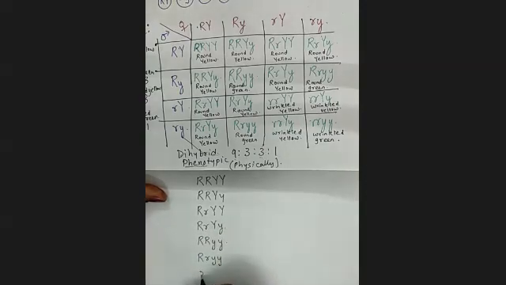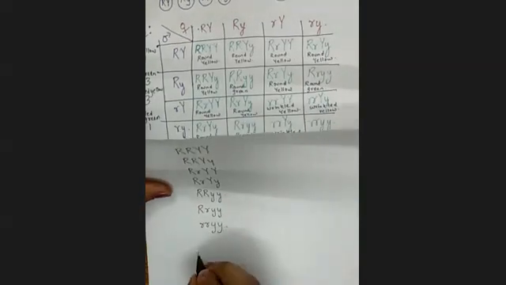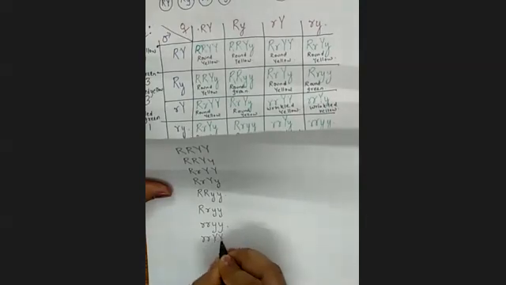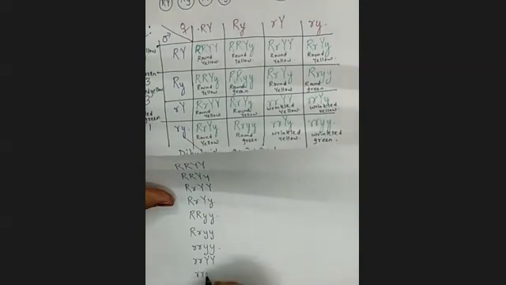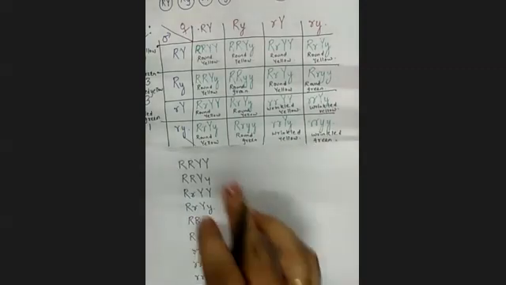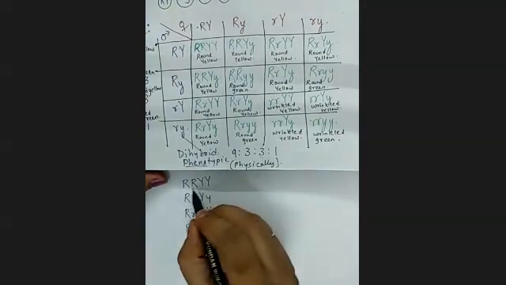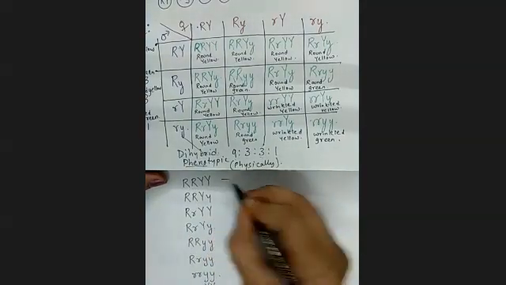Ma'am, so 16 will be coming, na? Yes, not exactly 16. Let's see how it will be. Okay, fine. Then this was seen. This was the genetic combination. So let's see, if you have this type of genetic combination, count over here how many of these types you can see. All capital, how many of them are there?